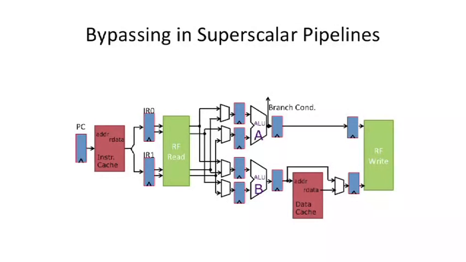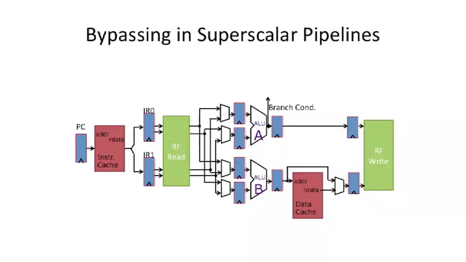OK, so we sort of introduced this two-way superscalar, in-order superscalar. One thing we need to think about is that we add a lot more places that data could be coming from if we have to forward data.